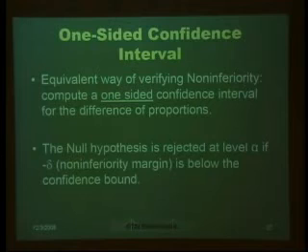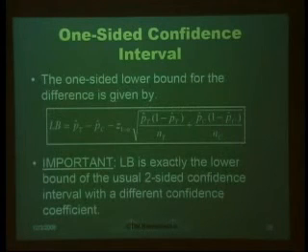I'm going to just compute the lower bound of my confidence interval and compare this lower bound with minus delta. And I'm going to reject the null if minus delta is below the confidence bound. Let's understand this.